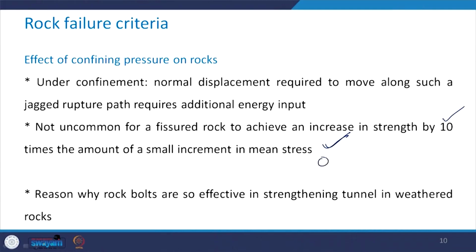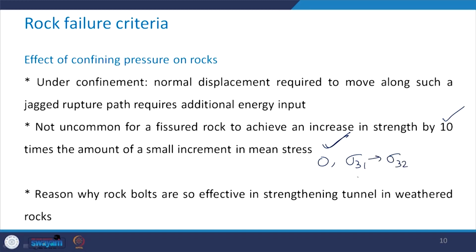Then it has to exert some additional energy in order to have the displacement along the jagged rupture path. Now I further increase it to sigma 3 2, let us say. So earlier it was 0, then it was sigma 3 1, and now it is, say, sigma 3 2.